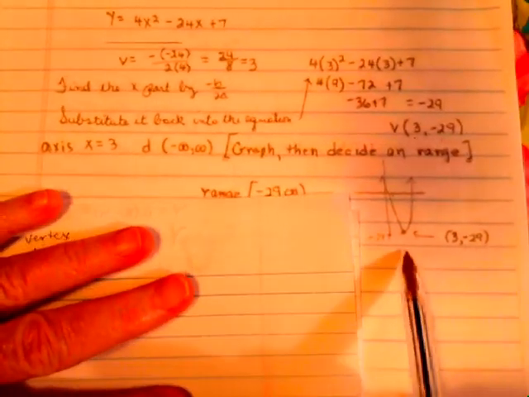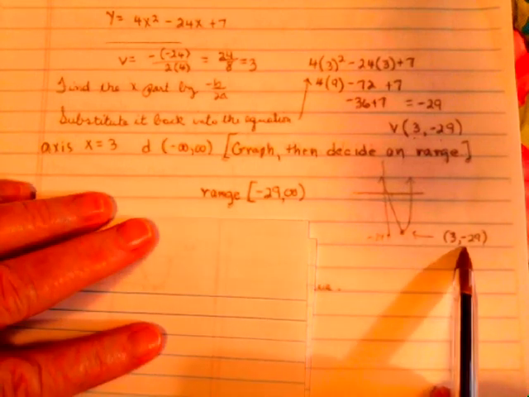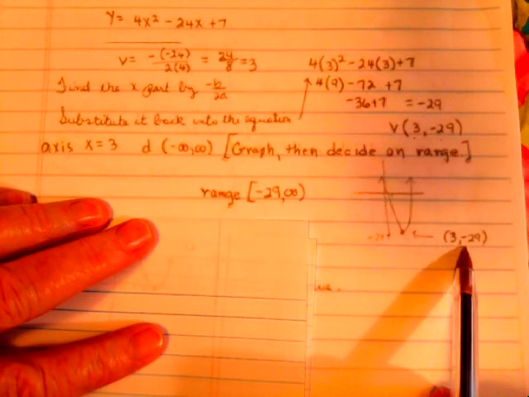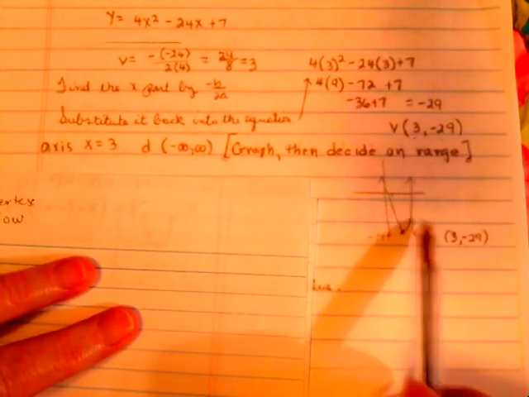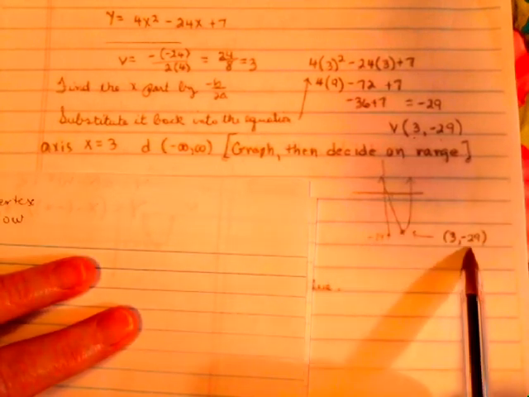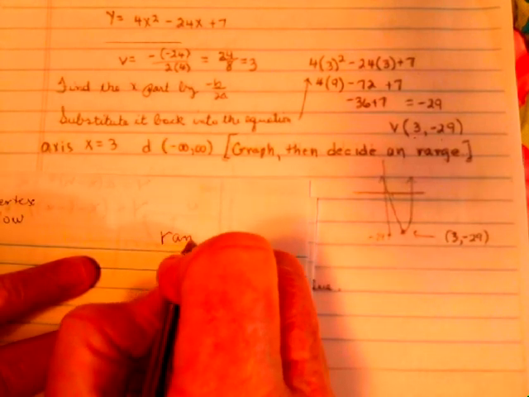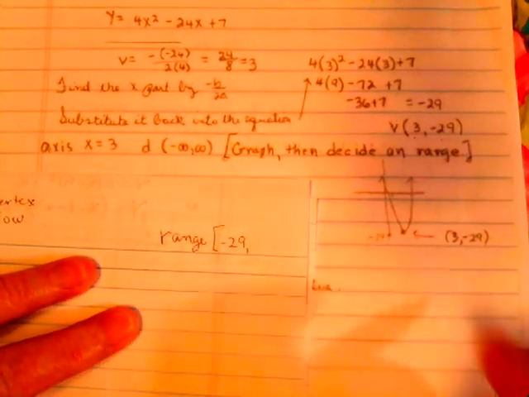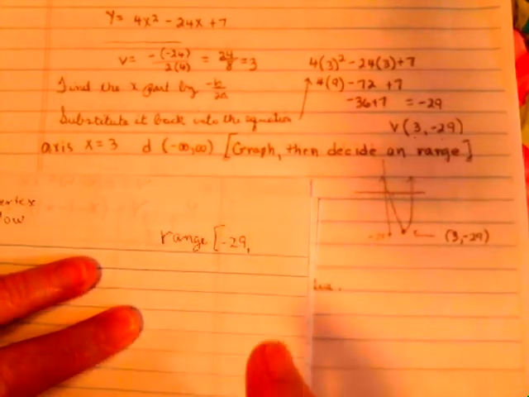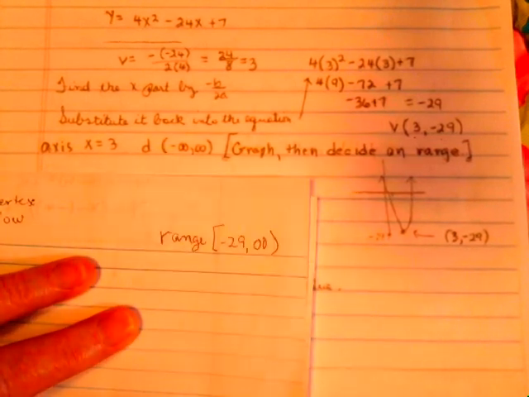I've sketched this little graph and put 3 comma negative 29 down here for my vertex. The smallest y value on this whole parabola is negative 29, so my range starts at negative 29 and goes up forever. It's negative 29 to infinity.